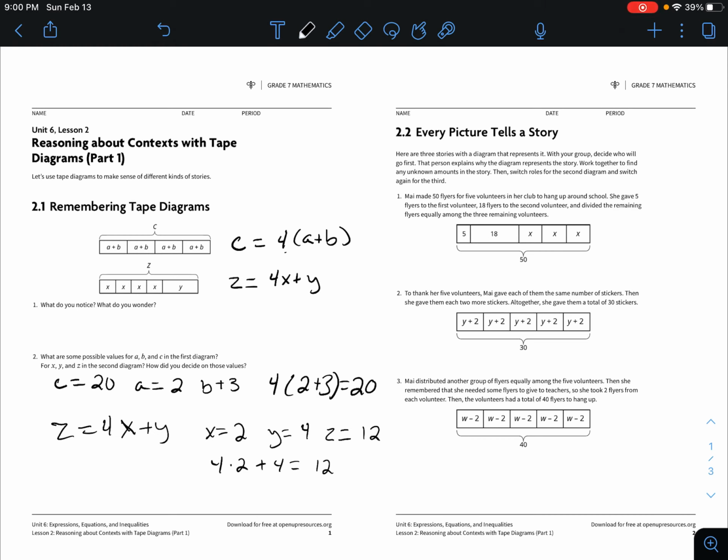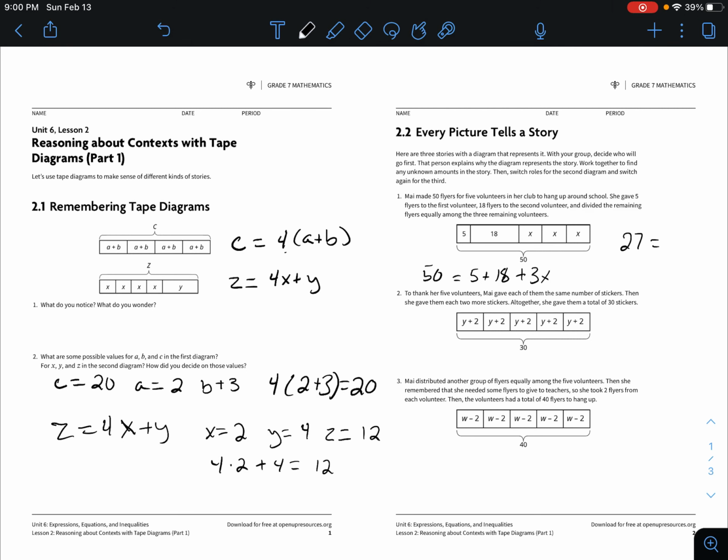Okay, so X is the amount that she gave for the remaining. We know that there were 50 altogether, and that is equal to the 5 plus the 18 plus the 3x. So if you take away the 5 and the 18 from the 50 she had, that's how much she had left to distribute between the other 3 volunteers. 5 plus 18 is going to give us 23. 50 minus 23 is going to leave us with 27.